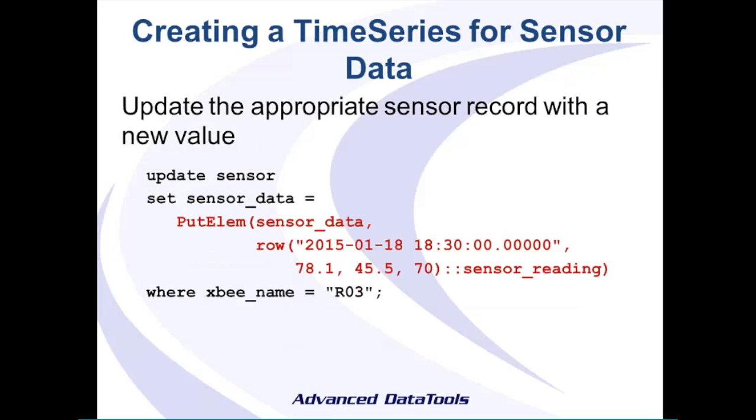I use the built-in function put_elem and give it my column name, and then I give it the data, which has the timestamp, followed by the 3 data values: temperature, humidity, and light level. And I cast it here to the particular row type.